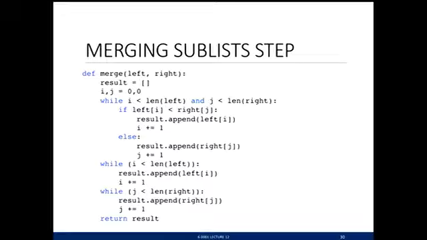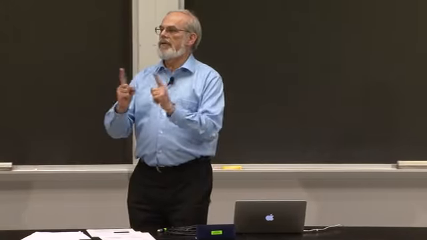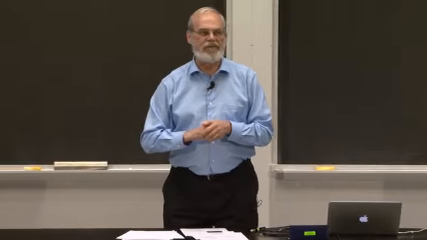And I'll just keep doing that until I exhaust one of the lists. And when I do, I can basically say if the right list is empty, I know if I get out of here, they can't both be true. In other words, if there's still something in the left list, just put it on the end. Otherwise, if the only things left are in the right list, just put them on the end. So I'm just walking down the list, doing the comparison, adding the smallest element to my result, and when I'm done, I just return result.